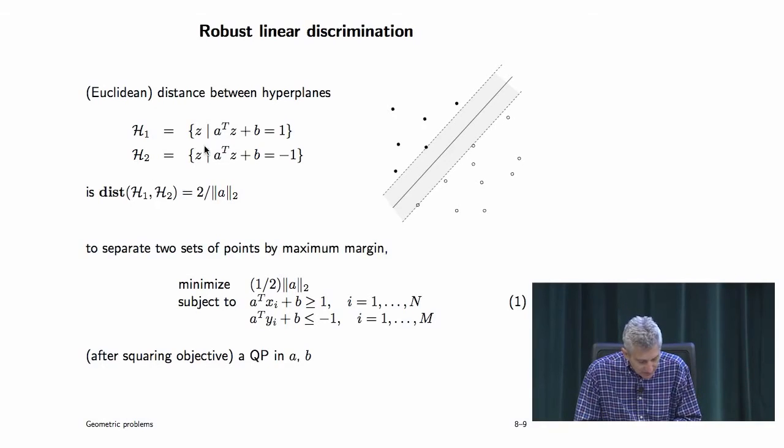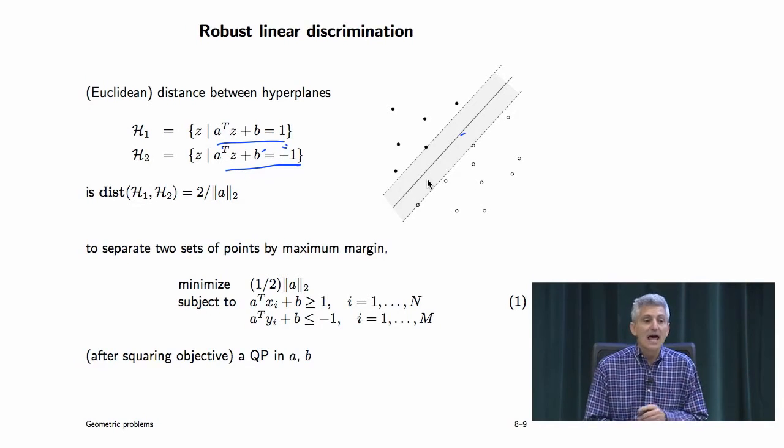What you would do is something like this. You can imagine the hyperplane is A transpose z plus b equals 0. But instead, we could take the points where that's 1 and minus 1, and everything in between those two parallel hyperplanes is a slab. And then we could very reasonably ask to compute the maximum width slab that separates the two sets of points.